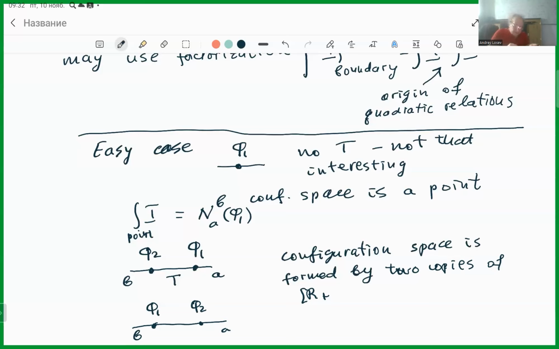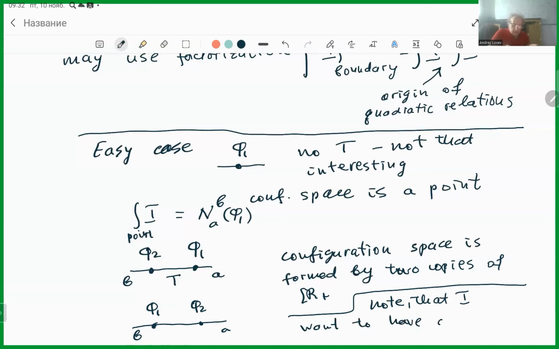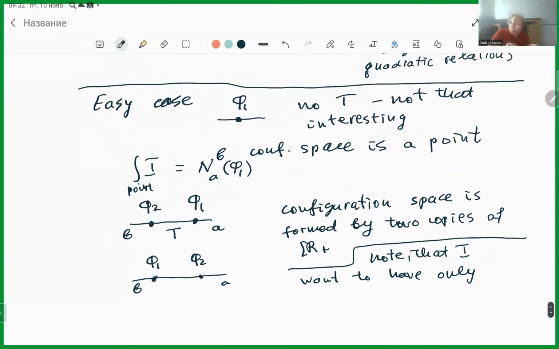Note that I want to have only T going to plus infinity boundary, where I have factorization.